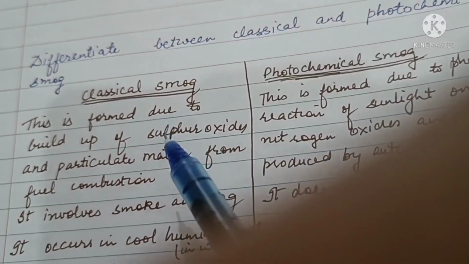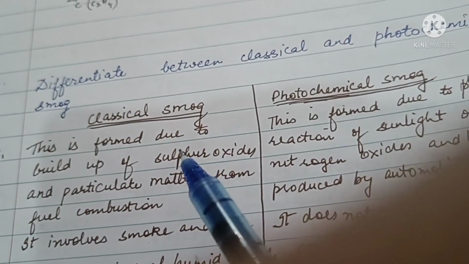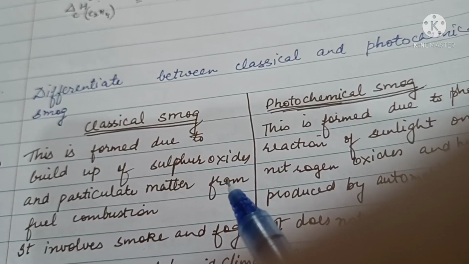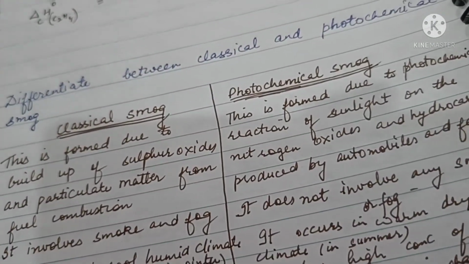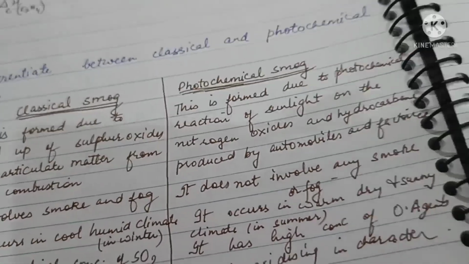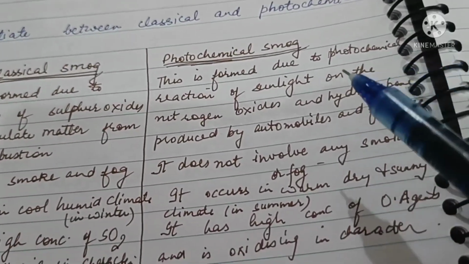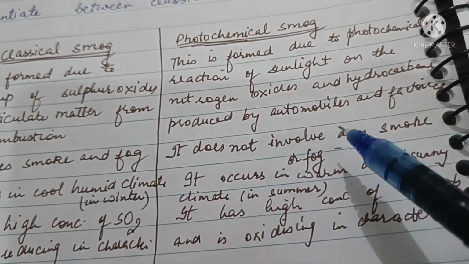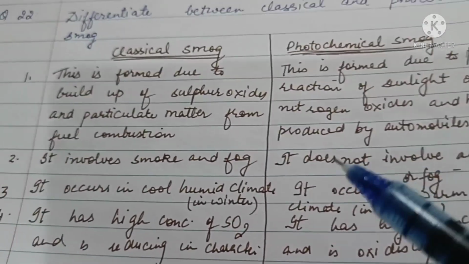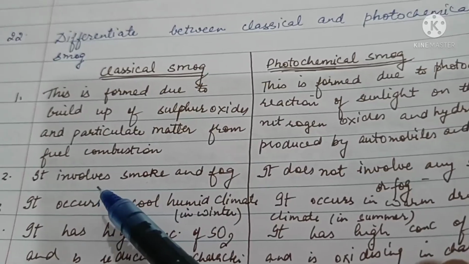Classical smog is formed due to buildup of sulfur oxides and particulate matter from fuel combustion. Photochemical smog is formed due to photochemical reactions of sunlight on nitrogen oxides and hydrocarbons produced by automobiles and factories. Classical smog involves smoke and fog.